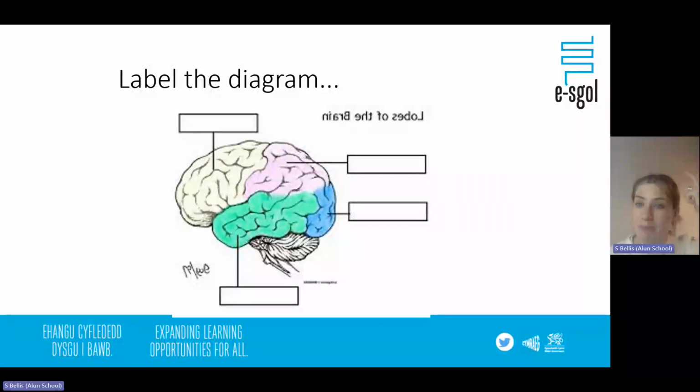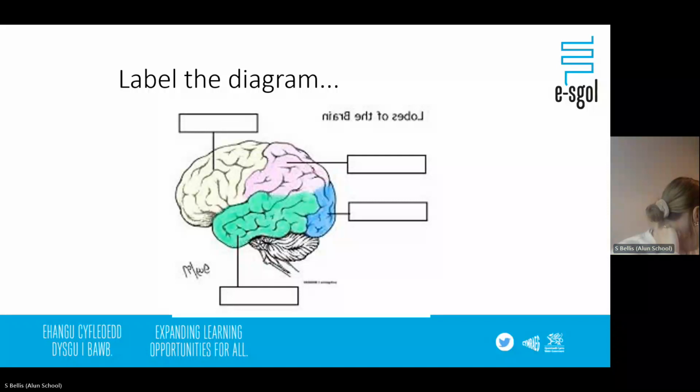You have the pink part of the brain, which is here. You have them on either side, and that is your parietal lobe. You have the green one, which is right by your temples, which is your temporal lobe at the side. And then you have the blue one on the screen, which is right at the back of your head, and that is called your occipital lobe.